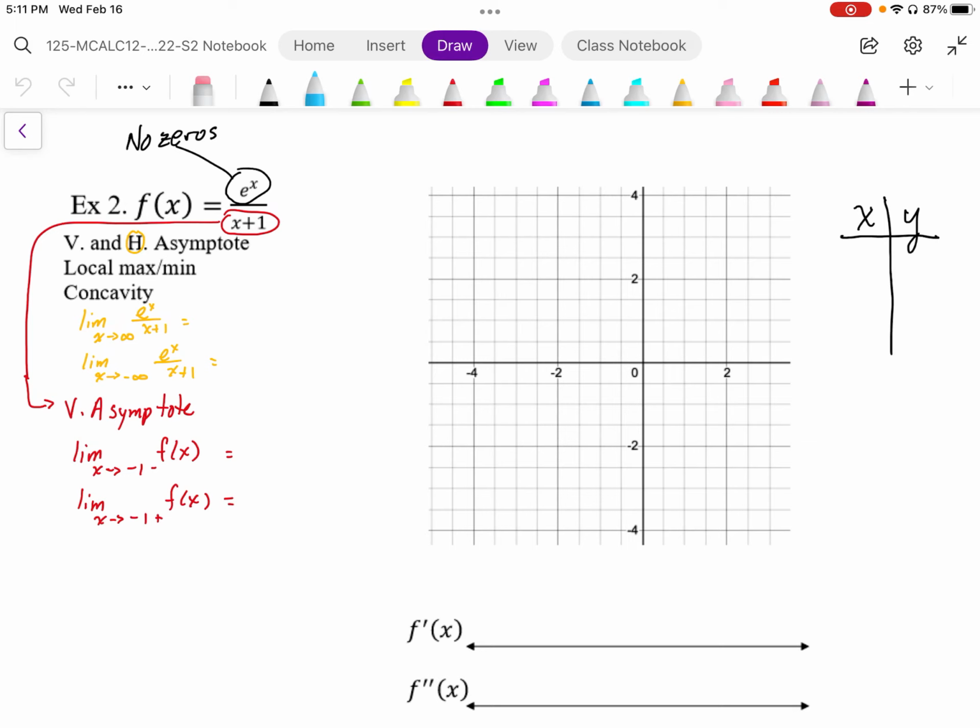Looking at the denominator, I'm going to get a vertical asymptote. And I can see that my vertical asymptote is going to be at -1. So drawing in my vertical asymptote at -1.